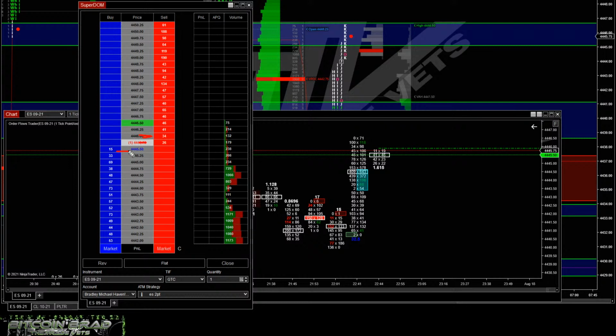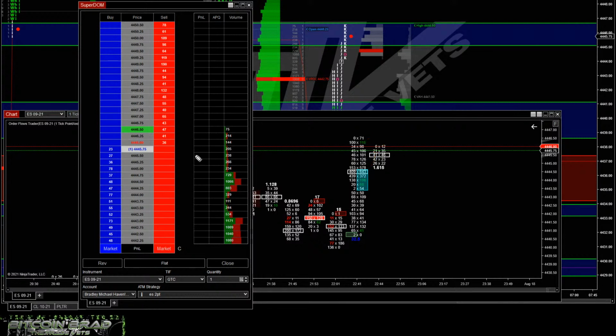As they're auctioning in, now we're down to 15. If you want to see if we're going to continue to go up, you want to see this 15 continue to go up. Now it's going to 11, 12. Someone's just passively filling lots, clicking, clicking, clicking to get in, so price is going to continue to go up.